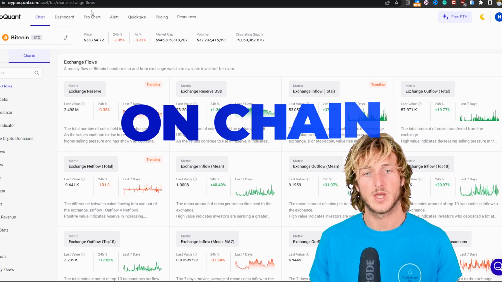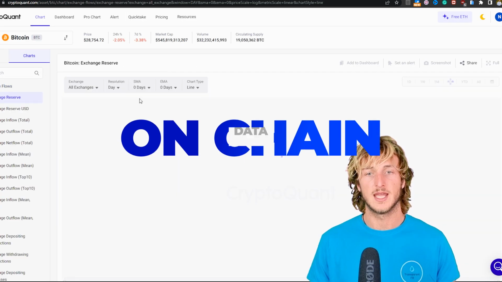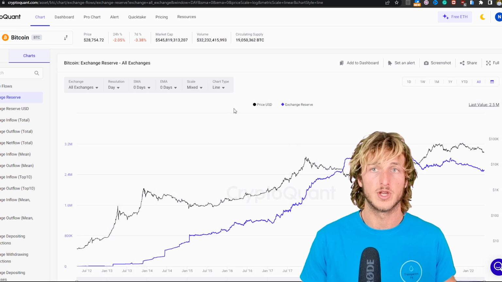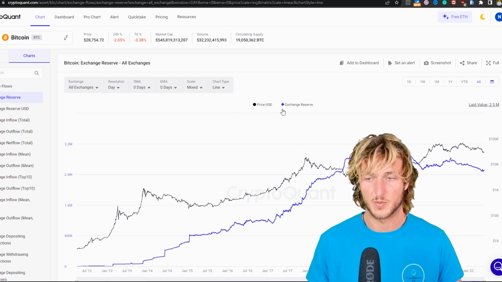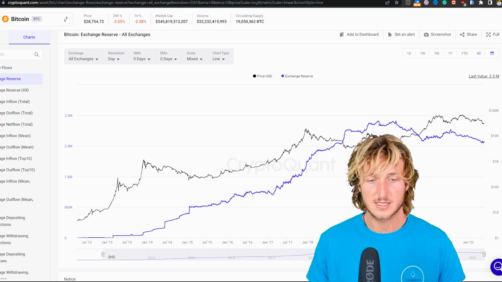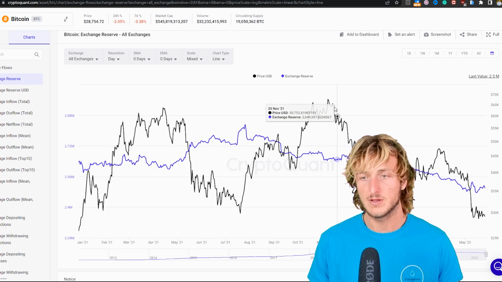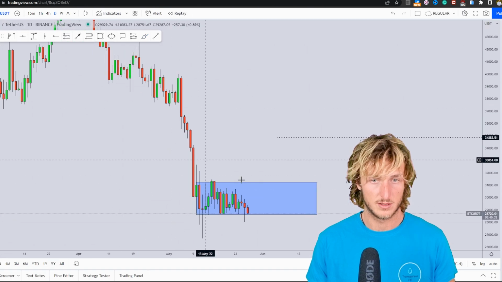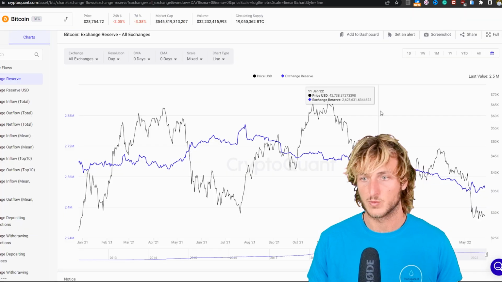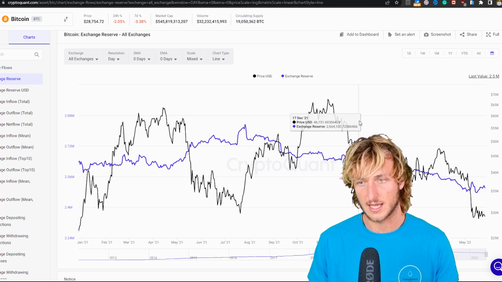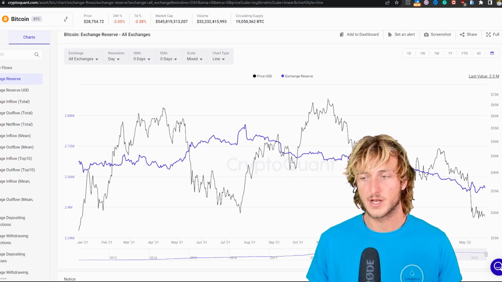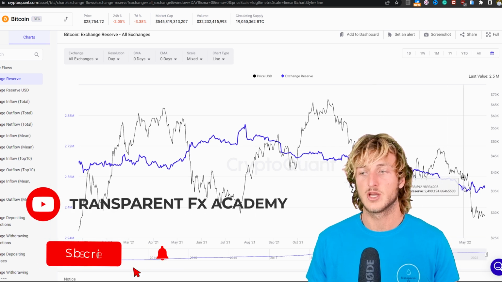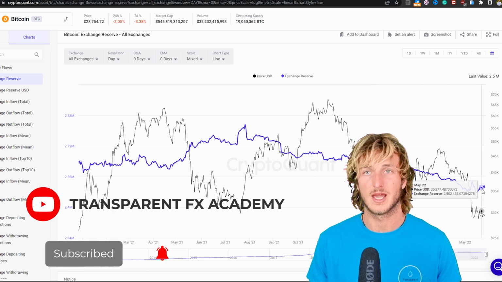And if we go and see what we have when it comes to the on-chain data, so how Bitcoins are moving on and off from exchanges, what we can see is that lately, even though the price has been dropping, and we see that clearly already from the chart, which is the black line here, the black line is the price, the amount of Bitcoins on exchanges, which is actually this purple line, has constantly been falling as well.